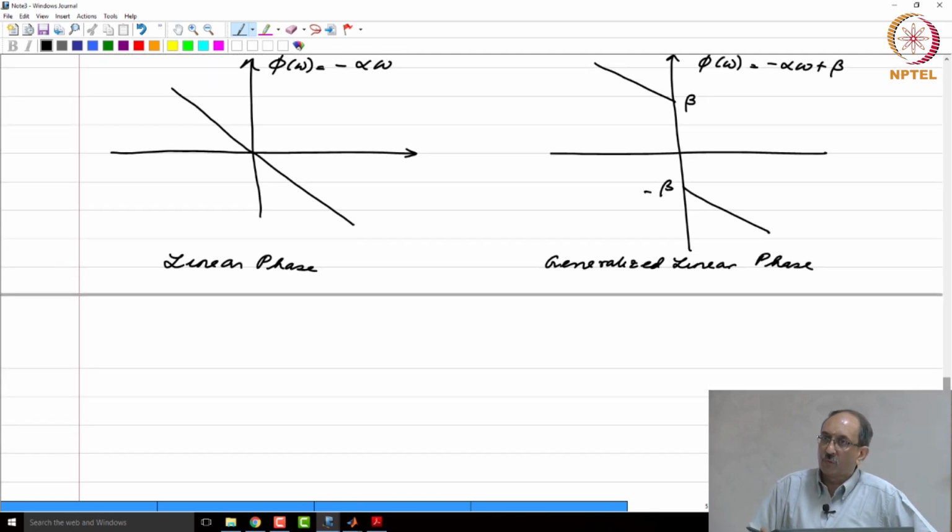Therefore, what we are going to do is impose linear phase on the system, and then we will ask the question what condition is satisfied when the system has generalized linear phase.